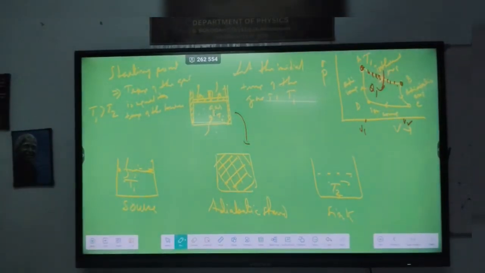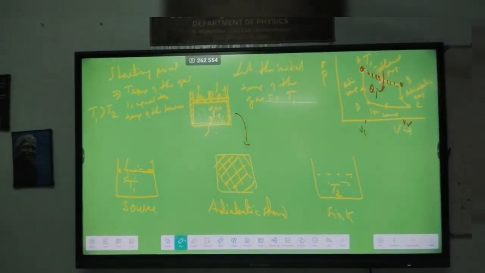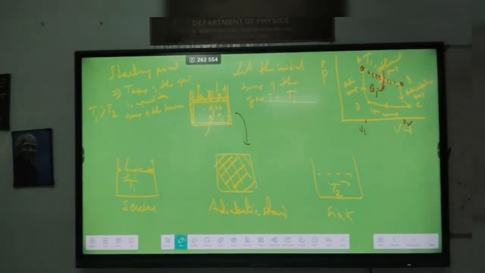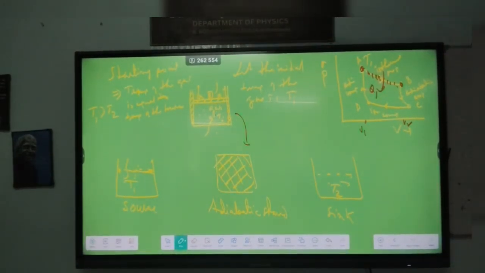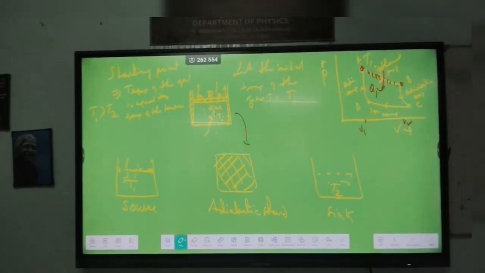I will keep allowing it to expand up to what temperature? Up to the temperature of the sink. Whenever the gas reaches the temperature of the sink, until then I will let the gas expand. Now whatever expansion is occurring, what type of expansion is this? It is adiabatic expansion, because temperature is changing.